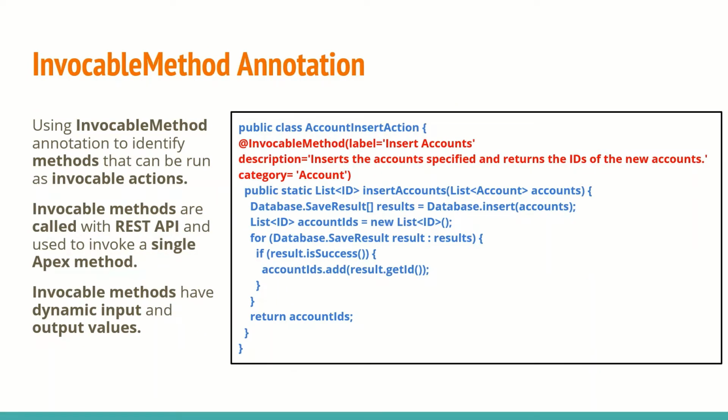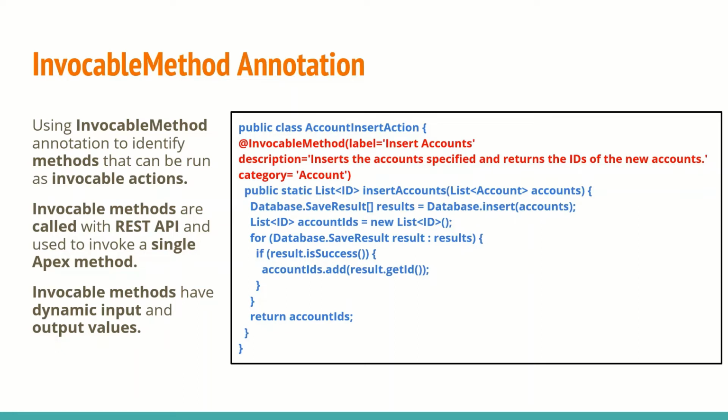We use the invocable method annotation to identify methods that can be run as invocable actions. Invocable methods are called with REST API and used to invoke a single Apex method. Invocable methods have dynamic input and output values.